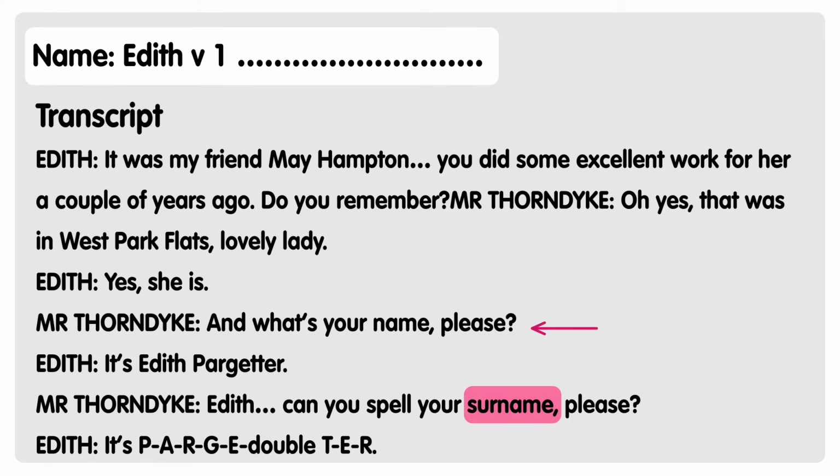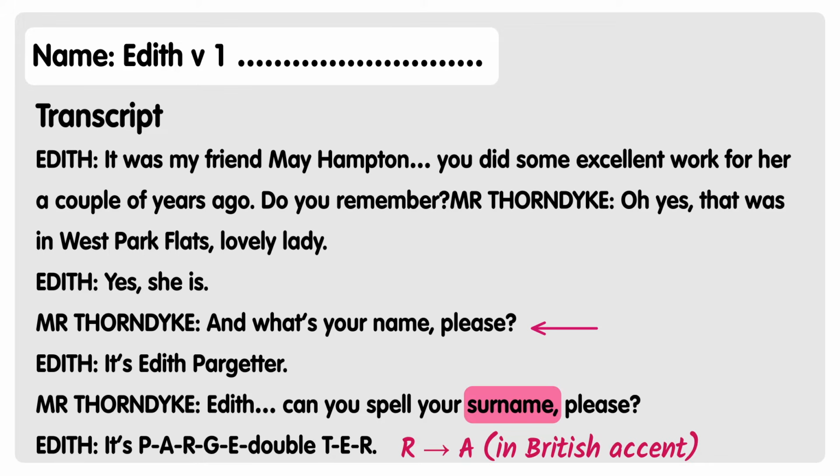Now, this is important. Double T-E-R. In British English, most of the time they don't say R, they say ah. So you should be careful. All right? And this is pretty easy and straightforward. So no synonym language or traps are used here. So answering this question is pretty easy.